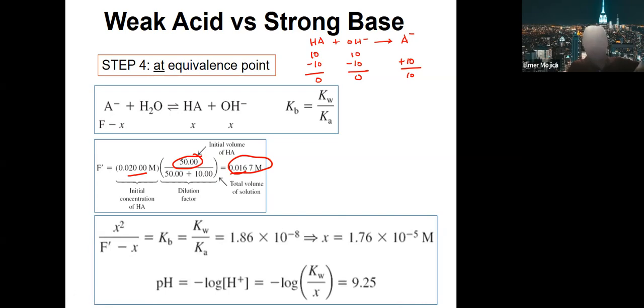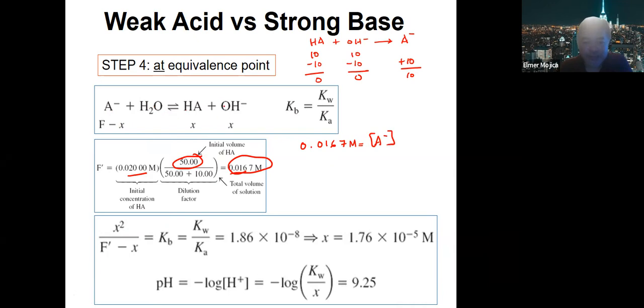So 0.0167, that's the concentration of your A minus. Once you allow it to react here, you will have this relationship. So that's A minus.